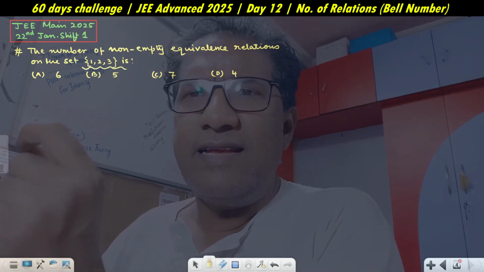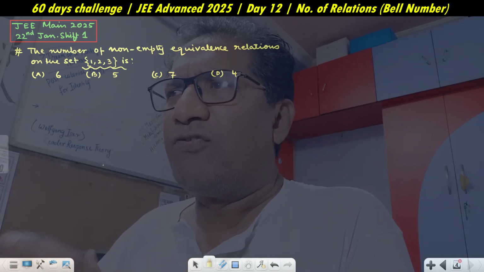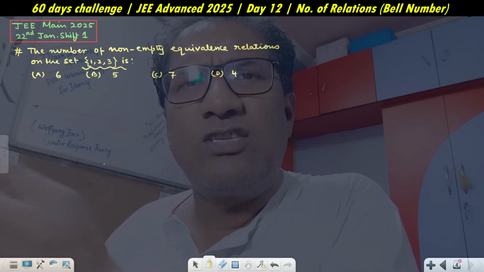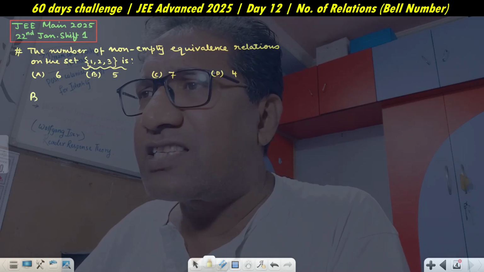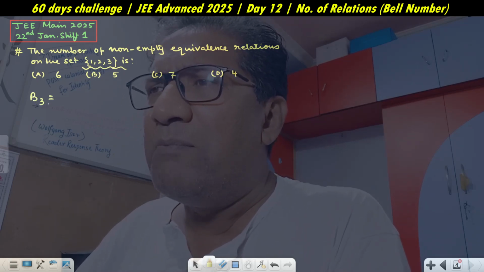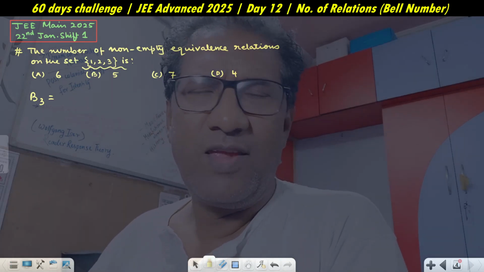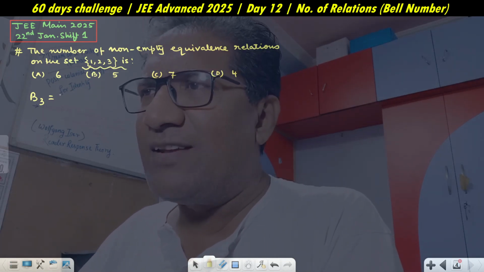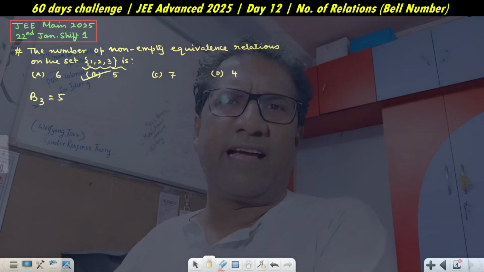That is, your set contains the elements 1, 2 and 3. How many non-empty equivalence relations are possible? They are actually asking for the Bell number 3. Yes or no? They are asking for B3. So what is B3? Just now we have calculated that. It is nothing but 5. Hence option B is correct.